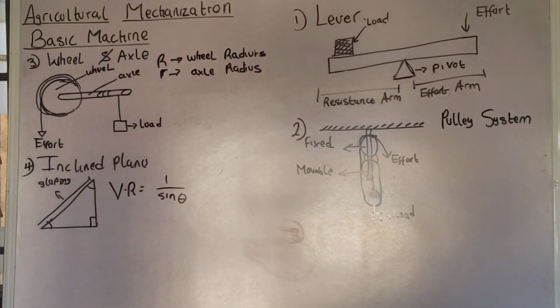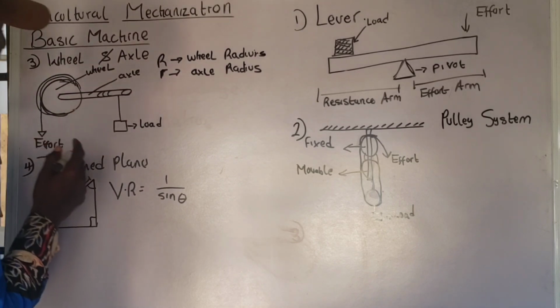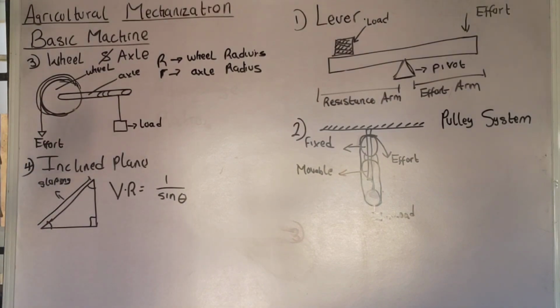Now, how do we determine the mechanical advantage? There is a condition. If friction is neglected, that is, there is no friction along this sloping surface, then the velocity ratio is the same thing as the mechanical advantage. I will take that again.